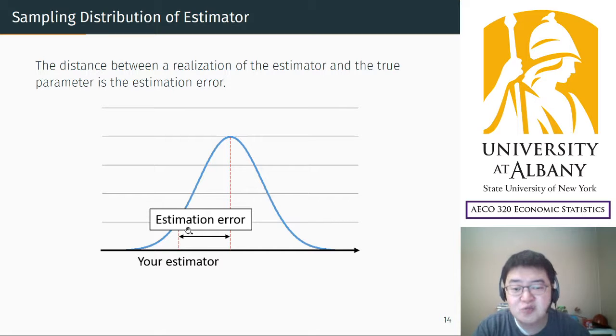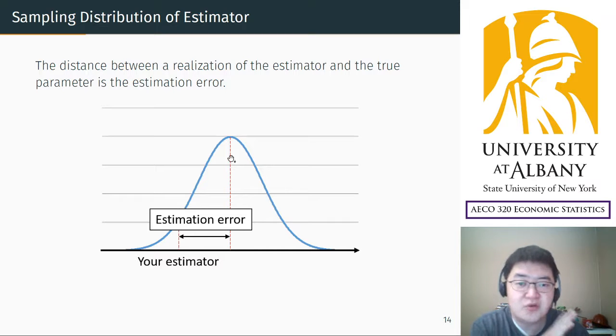If you are lucky, super lucky, estimation error will be 0, but that's a very small probability, and especially if the sampling distribution is continuous, then the probability that the estimation error equals 0 is 0. Probability of 1 point is 0.